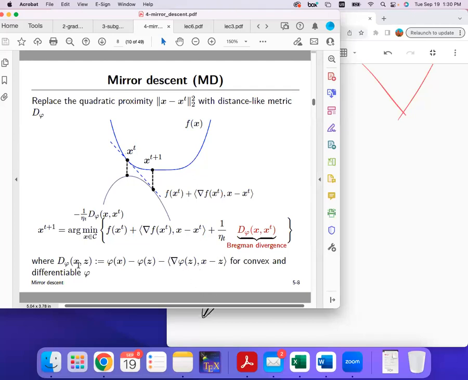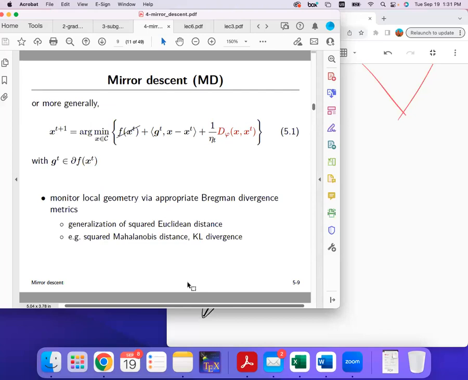This phi function has to be a convex and differentiable function because it involves the gradient of phi. There's a long history for this Bregman divergence, and we can see some examples to convince ourselves that this is a good way to generalize the distance.